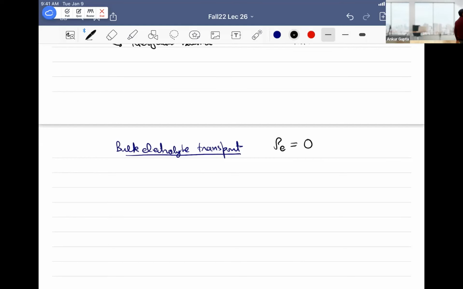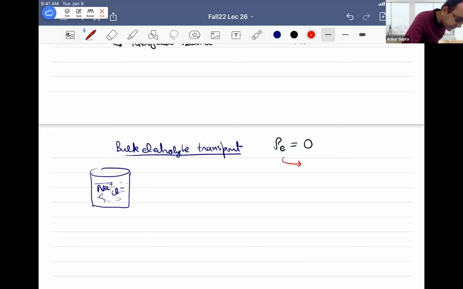So this is what the question was just asked about: if I have sodium and chloride ions, why should I have any charge? Remember that this is ZiCiF, and the point is that if the concentration of NaCl is C, then the concentration of the chloride ion is the same as the sodium ion.